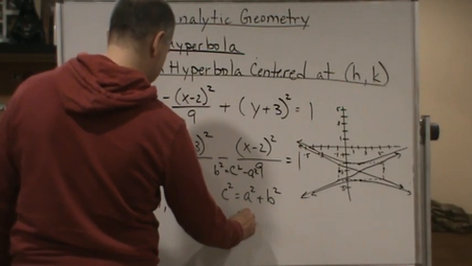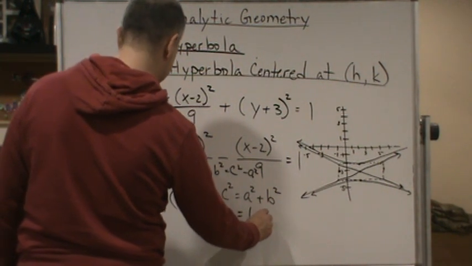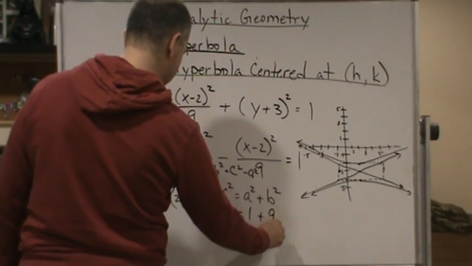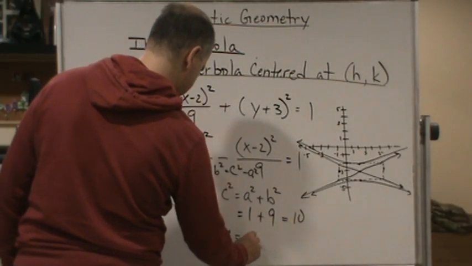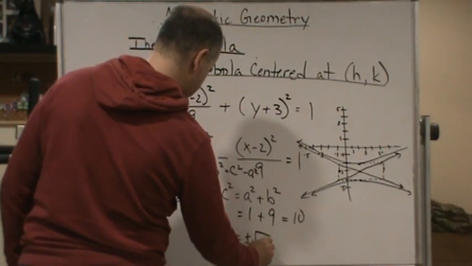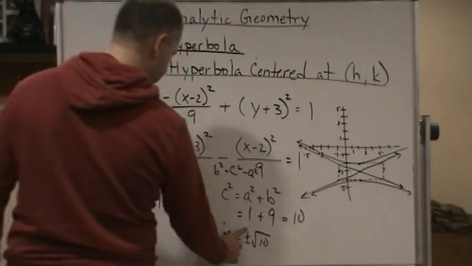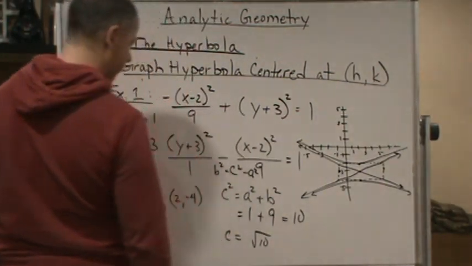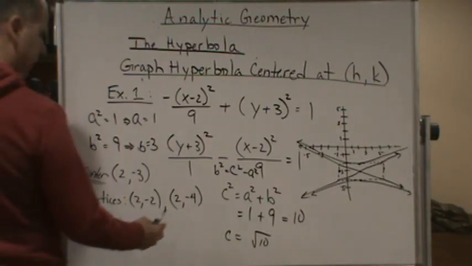Now, all I'm going to do is plug in A squared and B squared. So A squared is 1, B squared is 9. And so C squared equals 10, and so C is equal to plus or minus square root of 10. Okay, or just use the plus, right? Positive. Now, the foci are going to be located where?